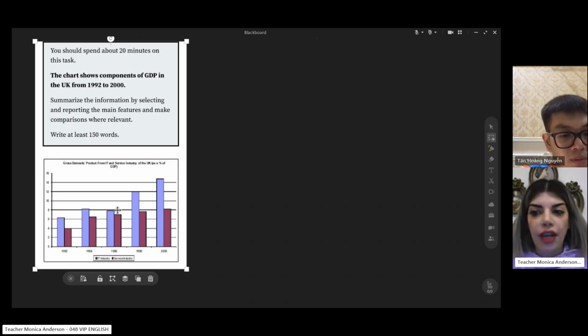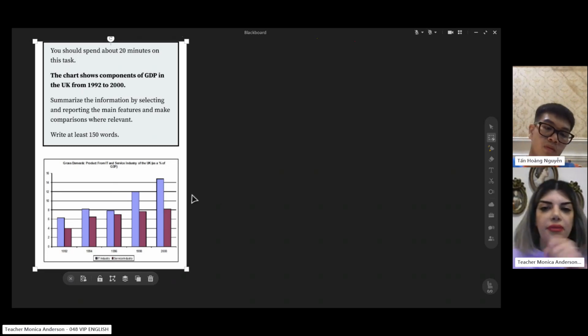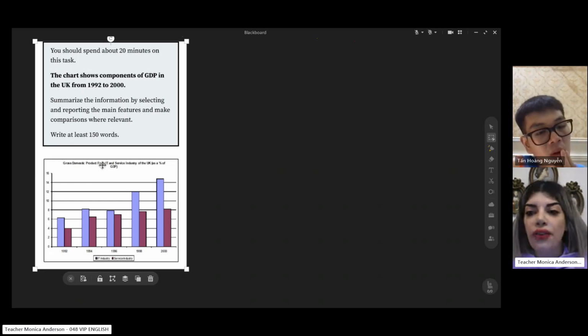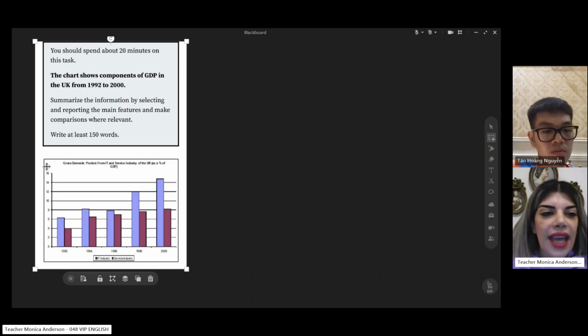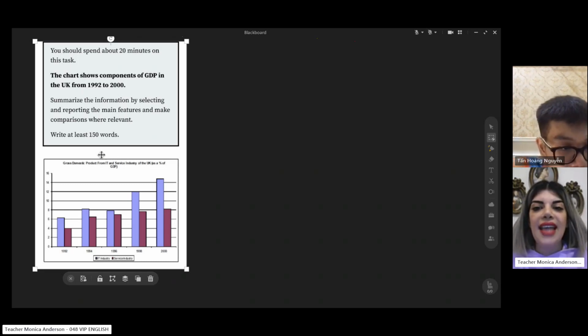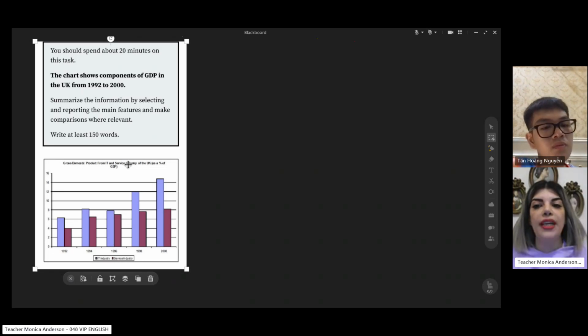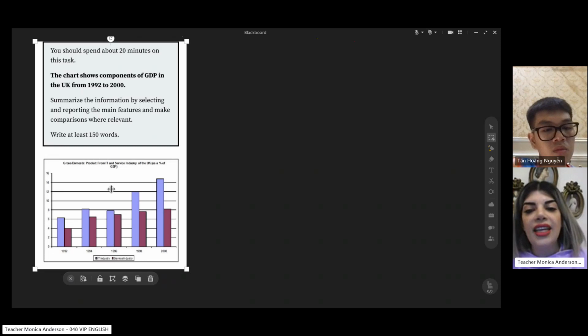The percentage of GDP from IT increased quite sharply to 12% in 1998.